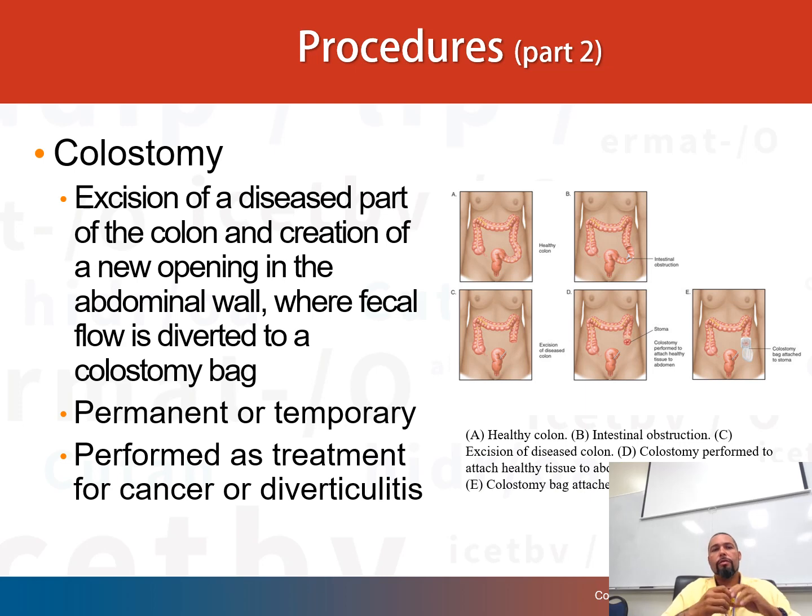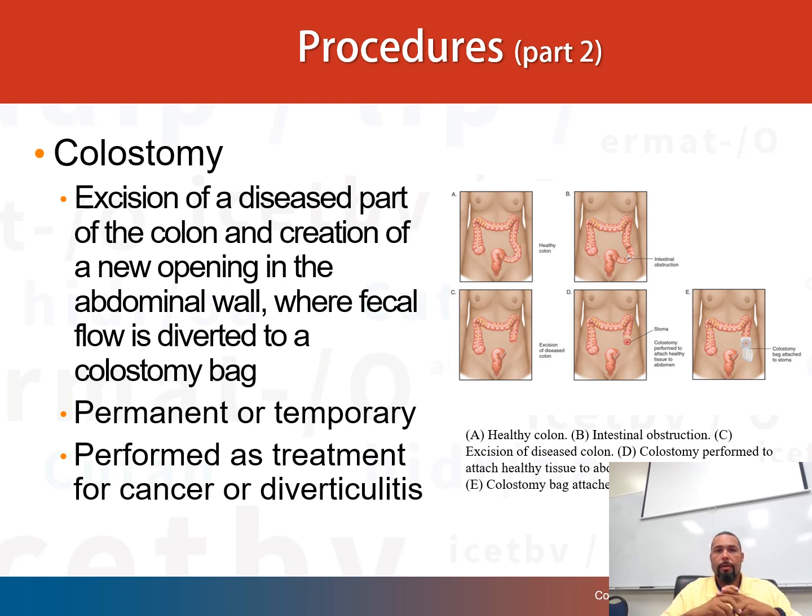Another procedure that we can speak about is colostomy. In this procedure, basically, there is a certain part of the patient's colon that is diseased and is causing some type of issues, and therefore that portion of the colon is removed from the body. The colostomy could be permanent, it could be temporary.